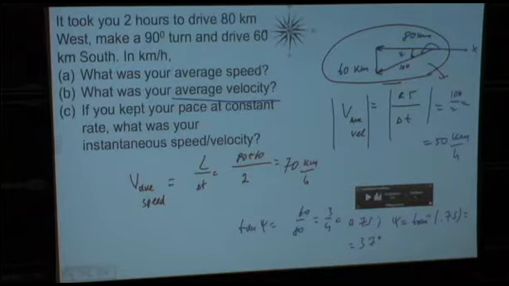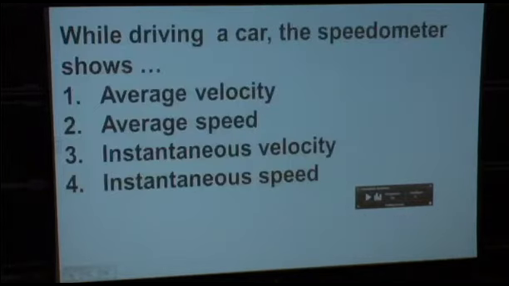You have to add the direction. And then on the second part of the trip, your velocity was equal to 70 kilometers per hour south, or down. So when you talk about velocity, we're adding additional information, direction, one way or another.